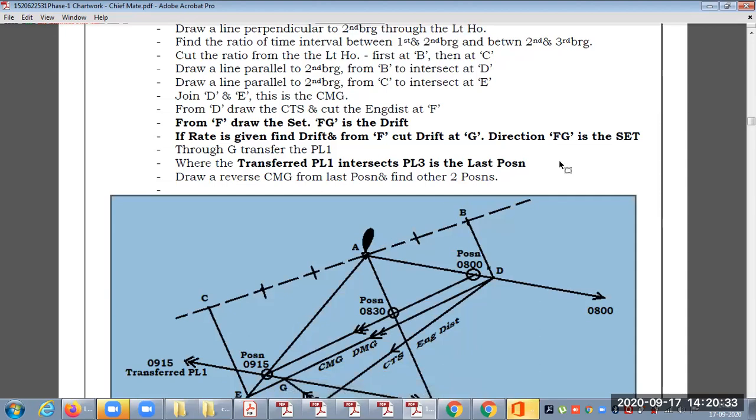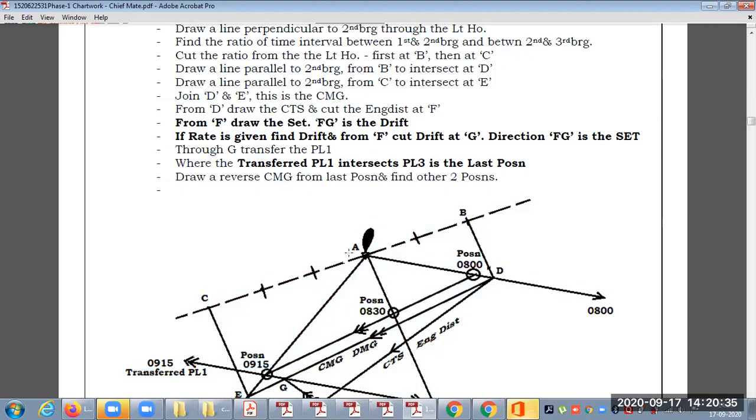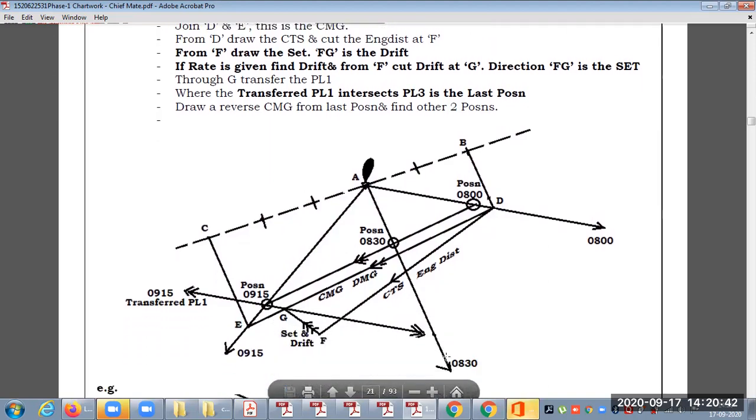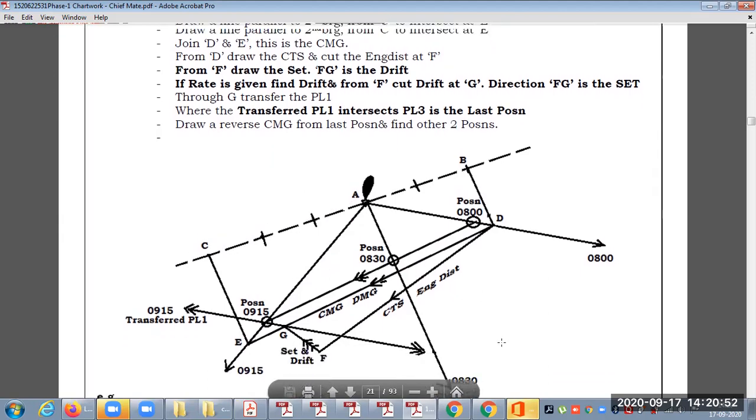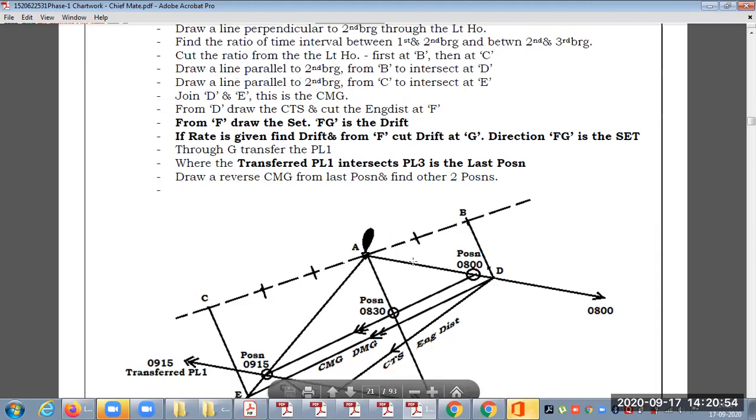So this is lighthouse A, and we have three bearings from it: 0800, 0830, and 0915. So we take a line which is perpendicular to the second bearing, or the middle bearing, the bearing at 0830.